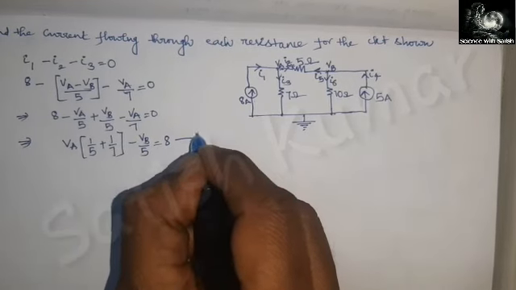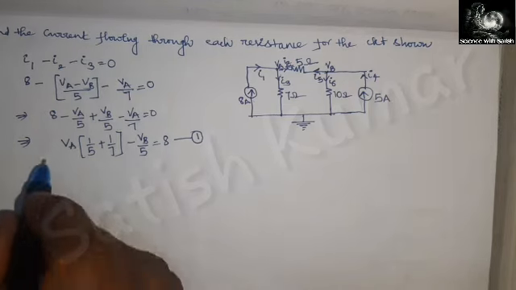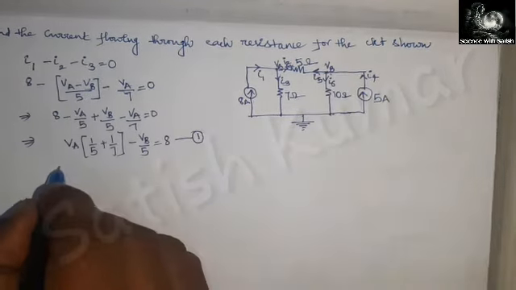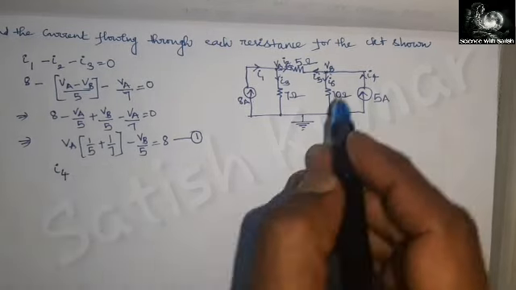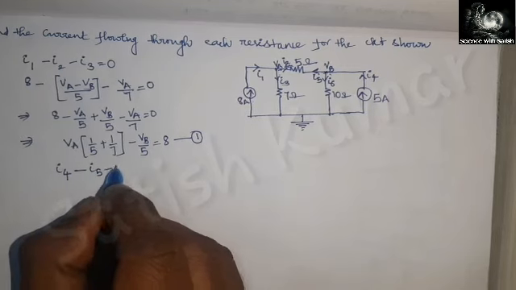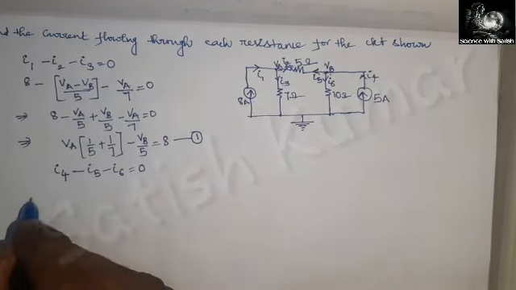This is equation 1. Now I am writing the equation at this node. I4 is coming to the junction, so I am taking it as plus I4, and I5 is going out and I6 is also going out, and the sum is equal to 0.